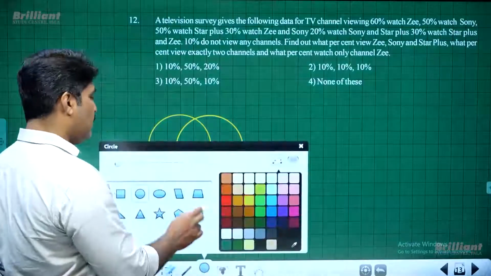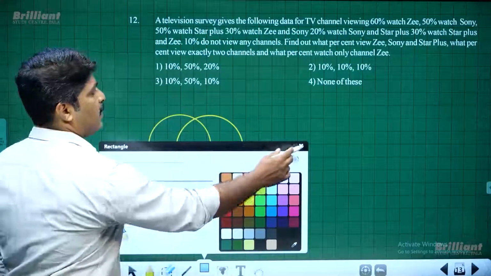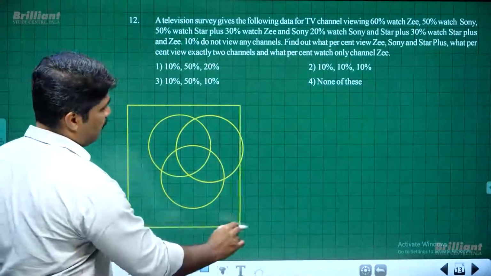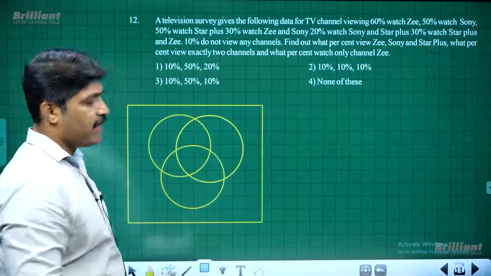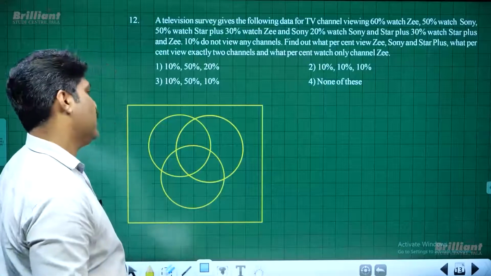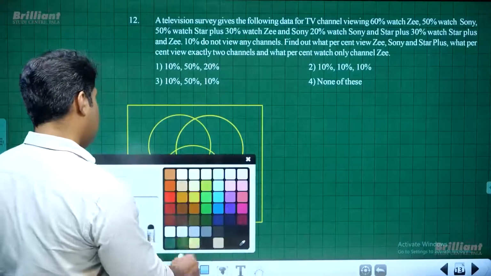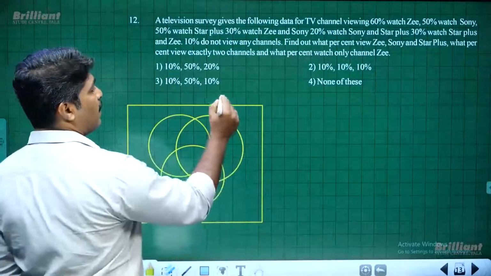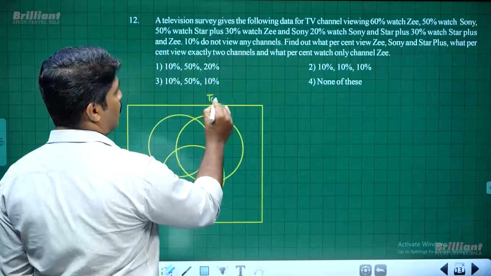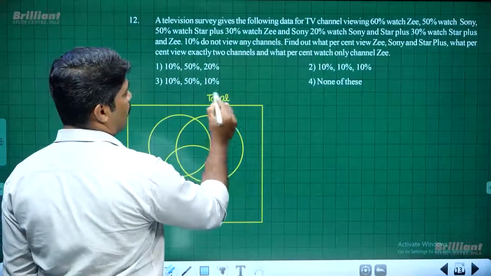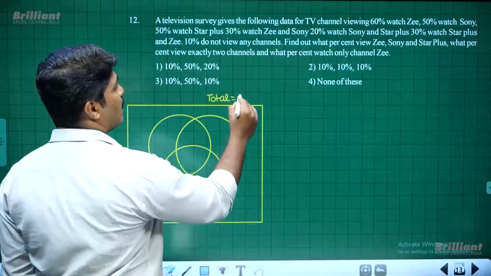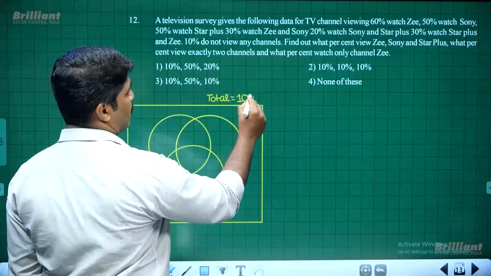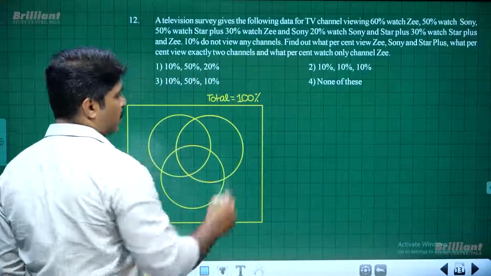And there is a universal set also, that contains the entire set of students. So this set is representing the total. Got it? So this total is 100%. In this case, we can consider that as 100%.